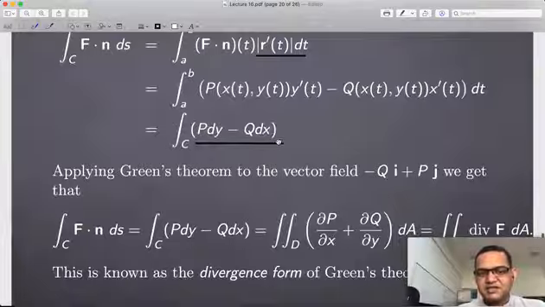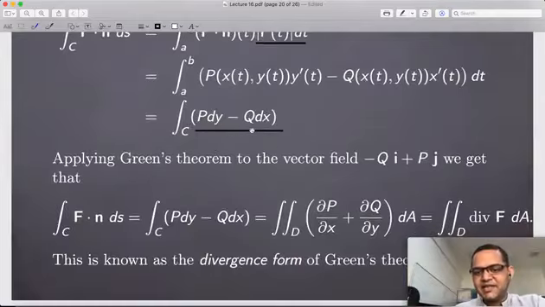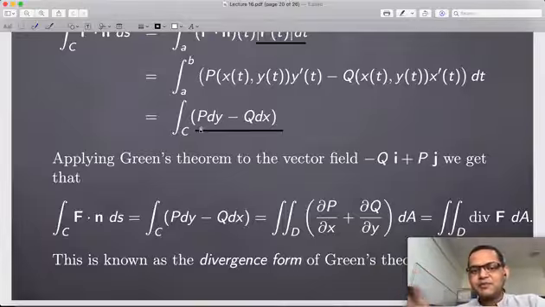Okay, but this is precisely a form to which Green's theorem is applicable, isn't it? Because Green's theorem, what does it say? If you have a vector field, then the line integral of p dx plus q dy is a certain double integral. Okay, so I have some vector field here. Now that vector field is basically minus q, so the i-th component is minus q and the j-th component is p.